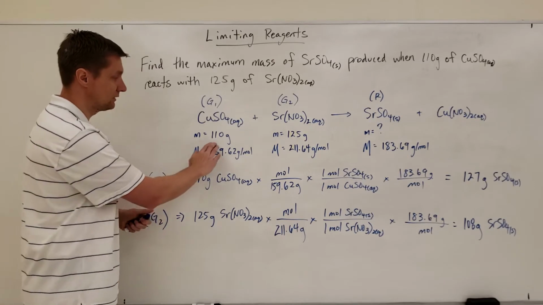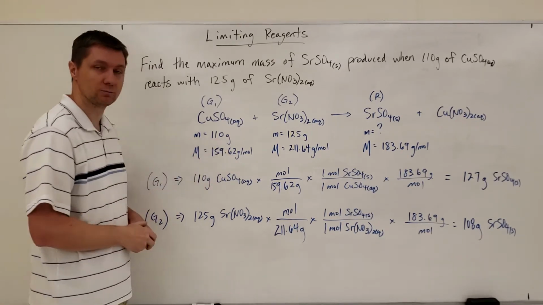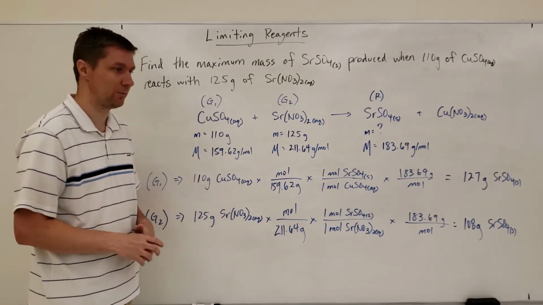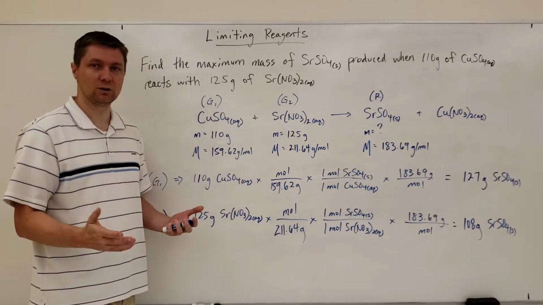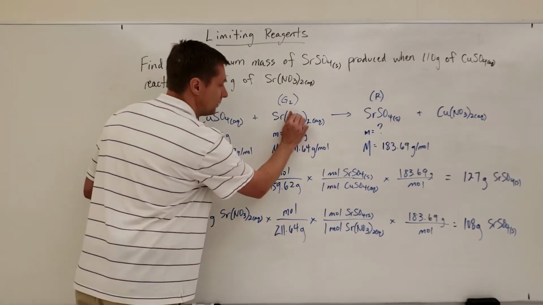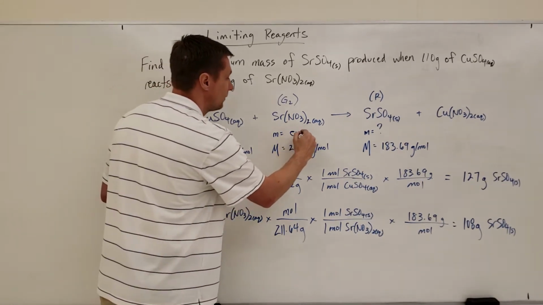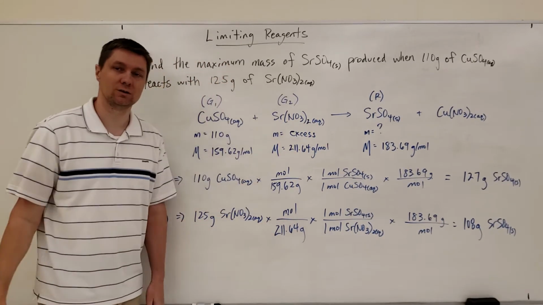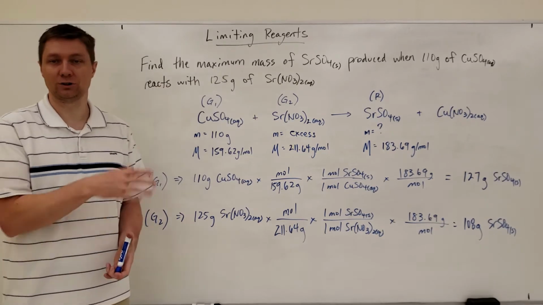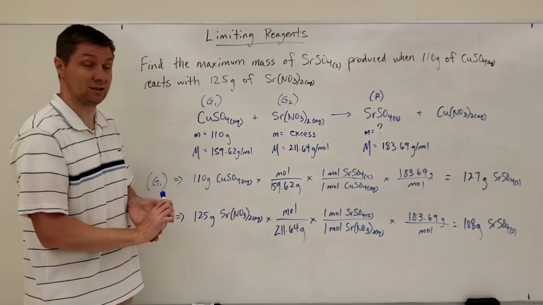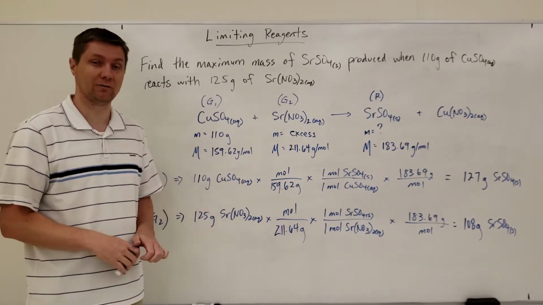So the way that I'm doing this stoichiometry is like this. I'm taking this 110 grams of copper 2 sulfate first, for example, and I'm going to do the stoichiometry assuming that I have an unlimited supply of strontium nitrate. Now, I know the question doesn't tell me that I have an unlimited supply. It tells me I do have a limited supply of 125 grams.